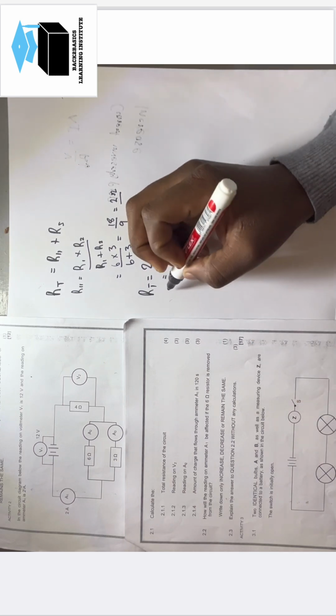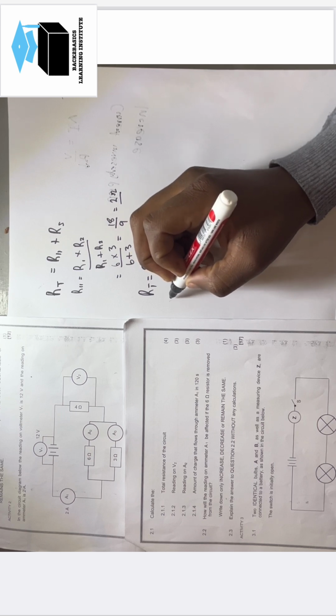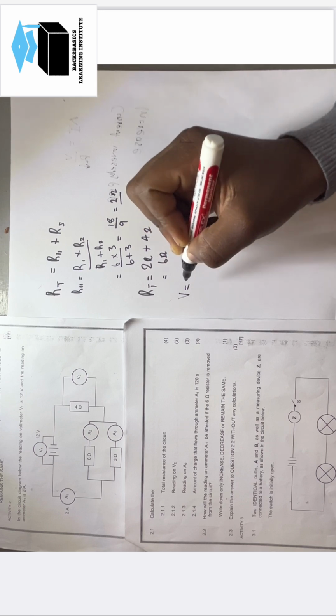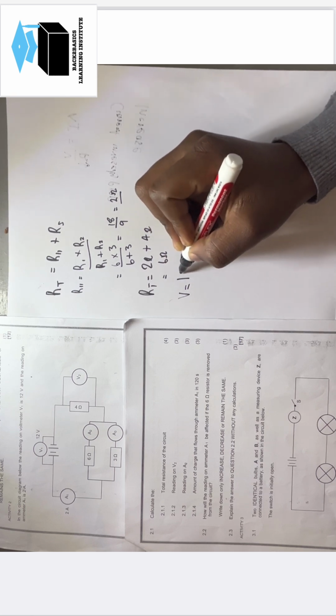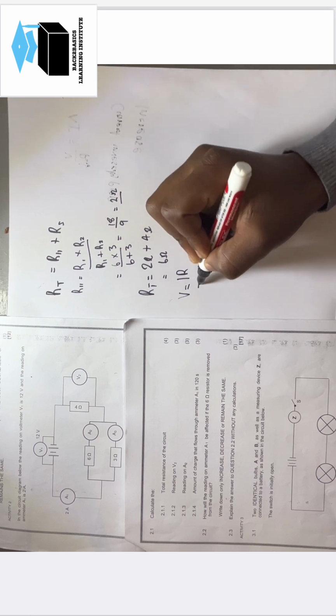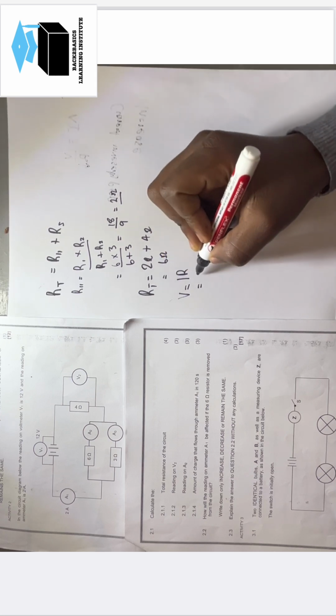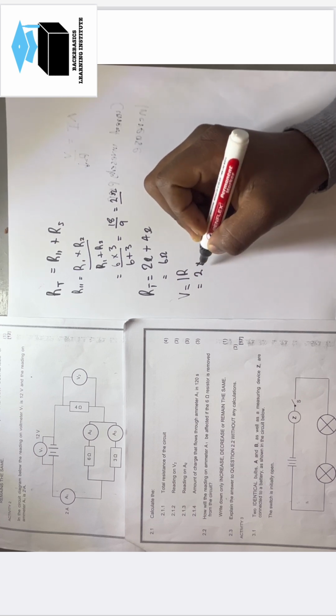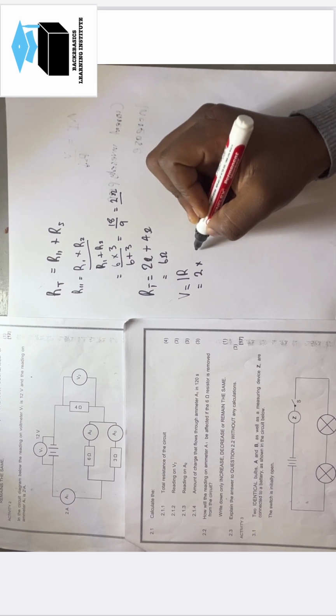So you are going to say, now here your voltage is equal to your current multiplied by your resistance. So what is the current here? It is 2 amperes multiplied by your resistance.